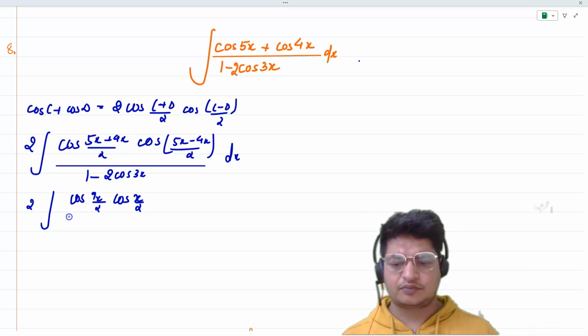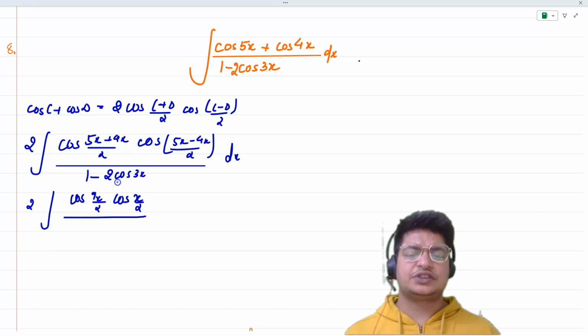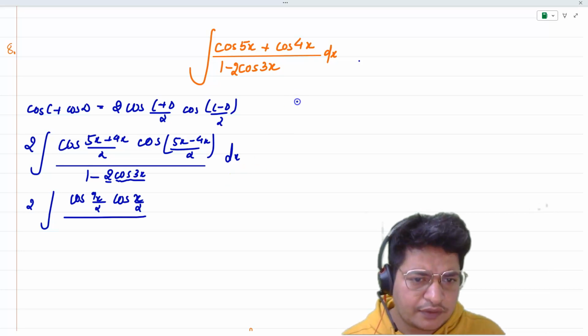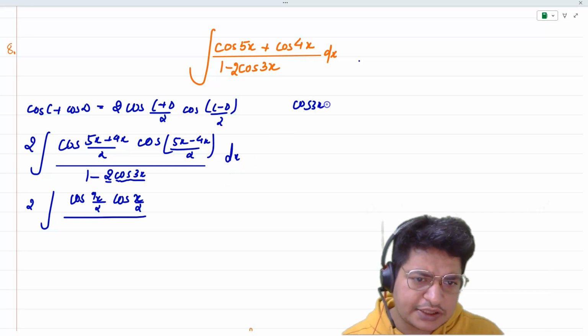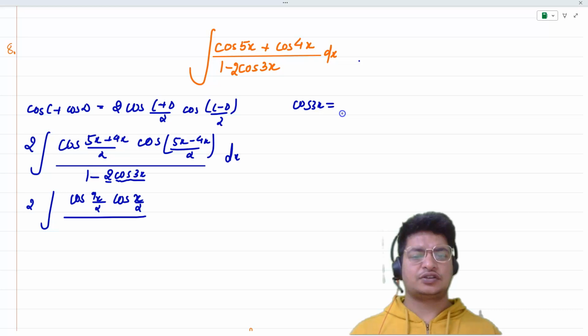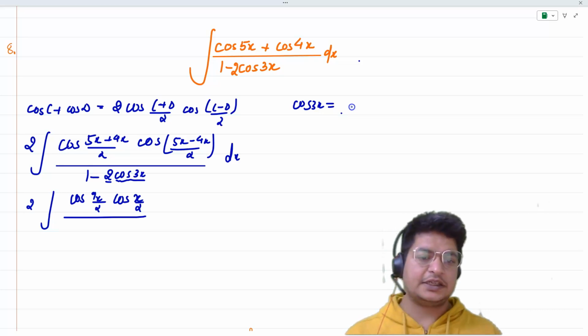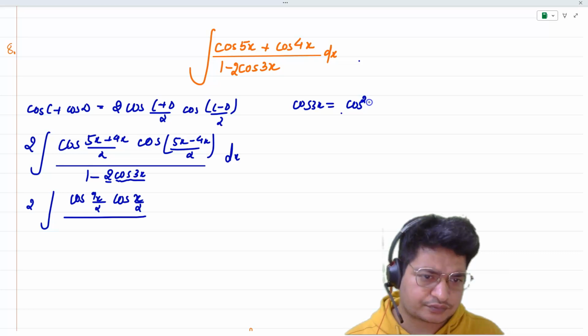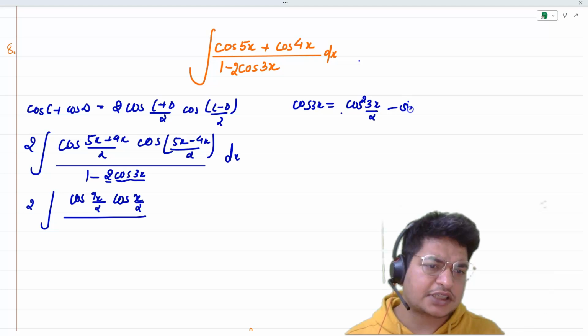And if I want to change cos of 2x, here we are writing 2, so we will write cos of 3x in the form of cos square 3x by 2 minus sine square 3x by 2.